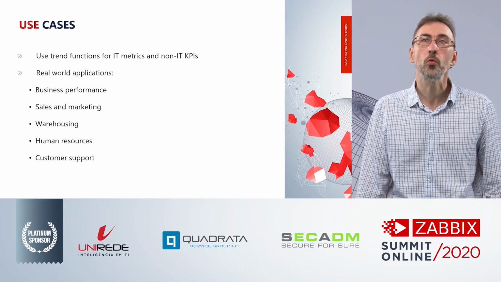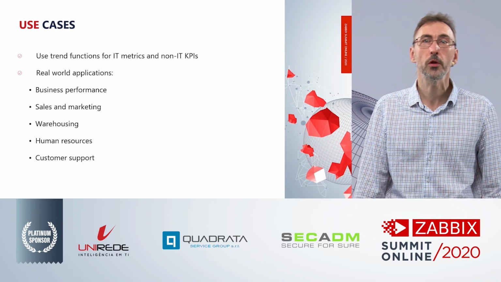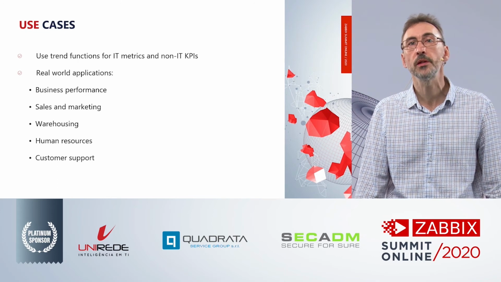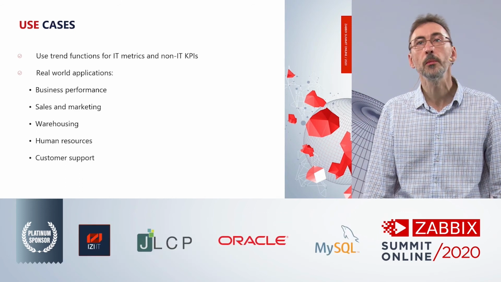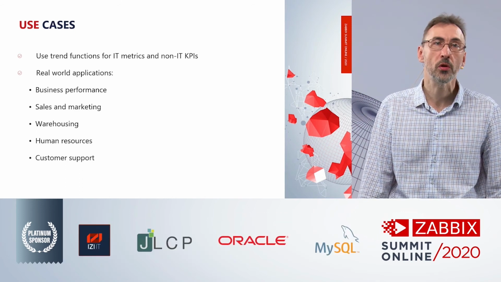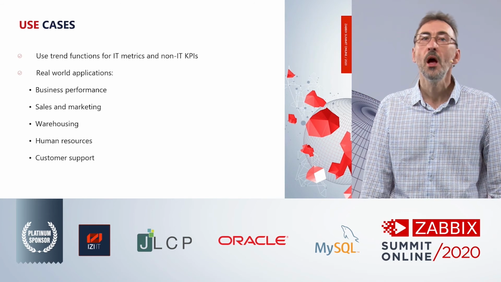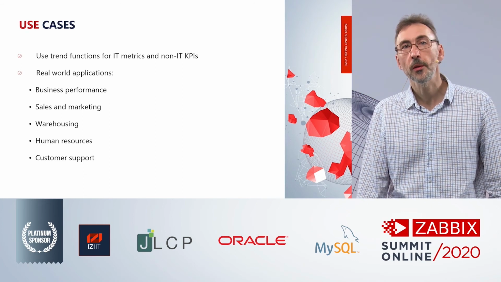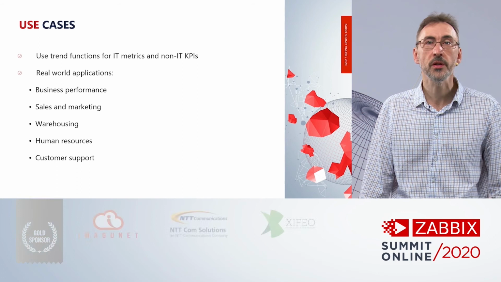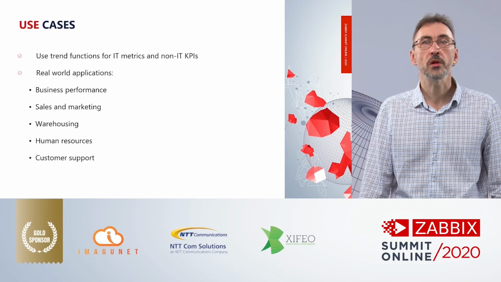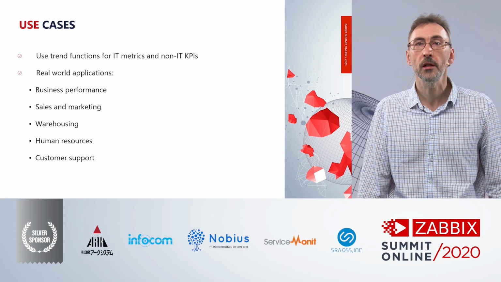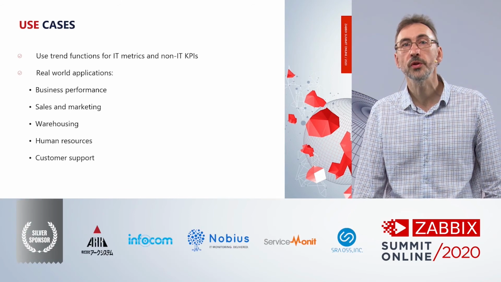Just to name a few: business performance, to calculate annual revenue, profitability, etc. Sales and marketing, for example, monthly average customer acquisition cost, sales target rate. Some warehousing metrics like weekly shipments, return rates, etc. Human resources, for example, annual training costs, overtime hours.